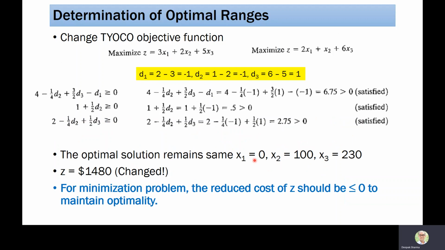So the solution remains the same, but the Z value will change. Why? Because you look at the Z function here. Since the coefficients have been changed, I put the values of X1, X2 and X3 here and I can get the new Z value. Now an important point to remember: for a minimization problem, the reduced cost should be smaller than or equal to 0 to maintain optimality.